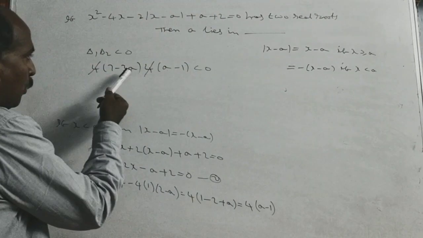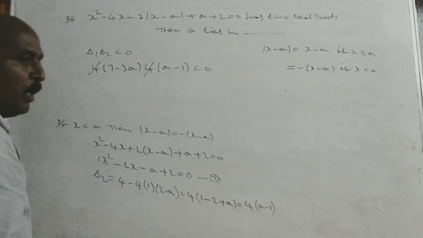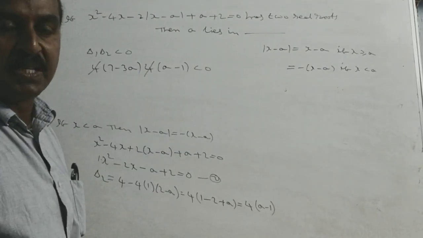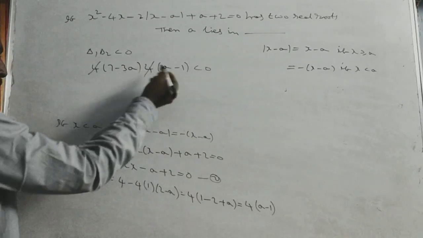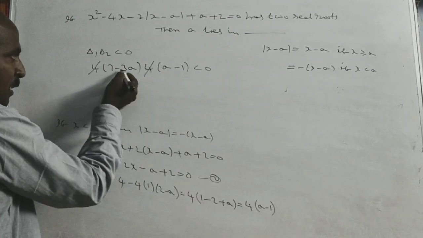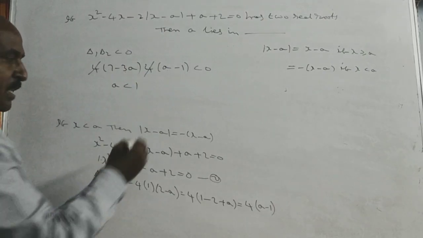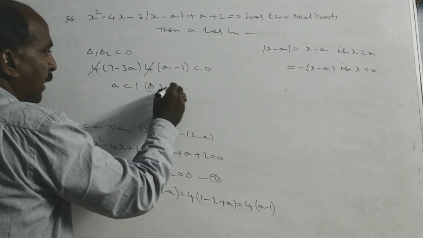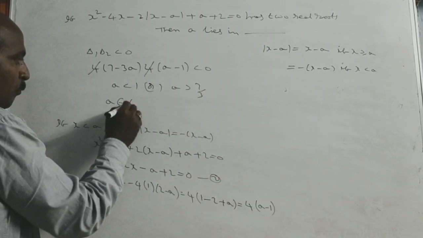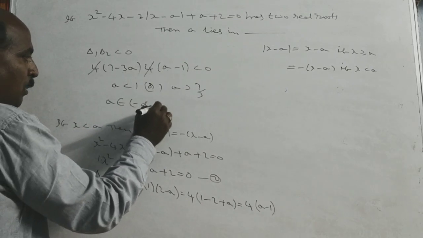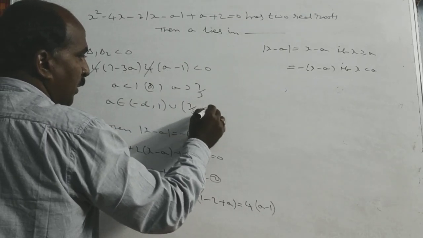Here the coefficient of a² is −3, which is negative, and the given expression is negative, so they have the same sign. So a does not lie between the roots. Here roots are 1 and 7/3. A does not lie between 1 and 7/3. That is a < 1 or a > 7/3. That is, a belongs to (−∞, 1) ∪ (7/3, ∞).